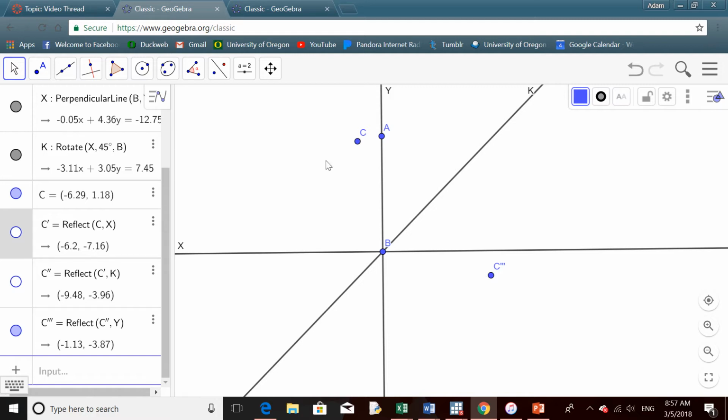In order to do this, we are first going to need to look at the composition of the reflections, reflection of y, of the reflection of k. And we are going to take advantage of the fact that for any composition of 2 reflections, we can find an equivalent composition of 2 reflections using any line we want as one of the 2 reflections.